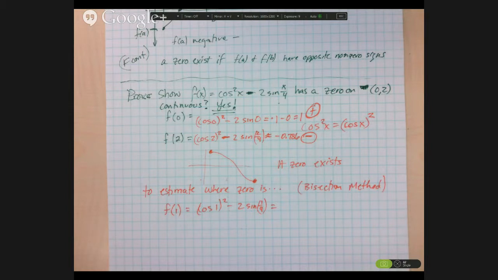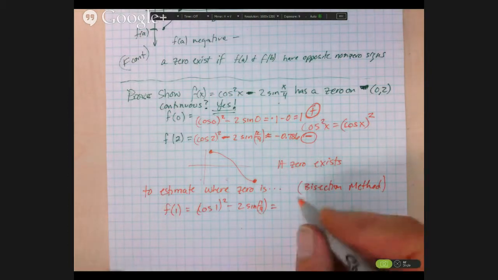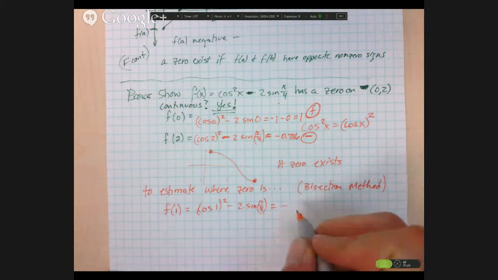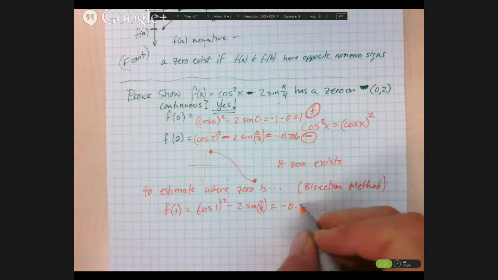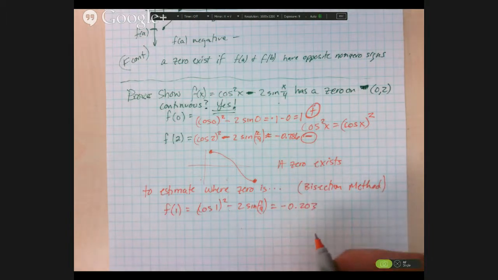Anybody? Or are you just waiting for me to write it down? Okay. 3 spots is enough.